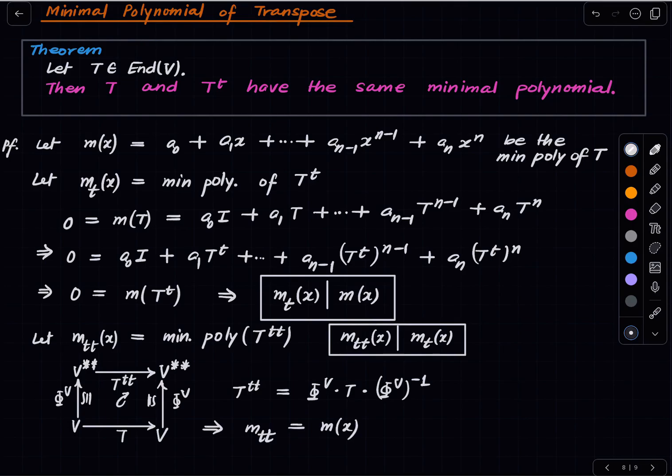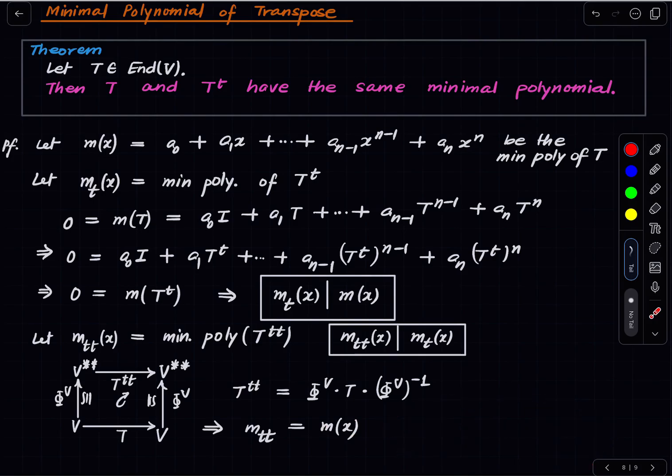And now if you use this here, you will see that mx divides mtx. And we had already concluded that mtx divides mx. Since mx and mtx are both monic and they divide each other, it implies that they are equal. If two monic polynomials divide each other, they must be equal. So this is equal to that. mtx is equal to mx.